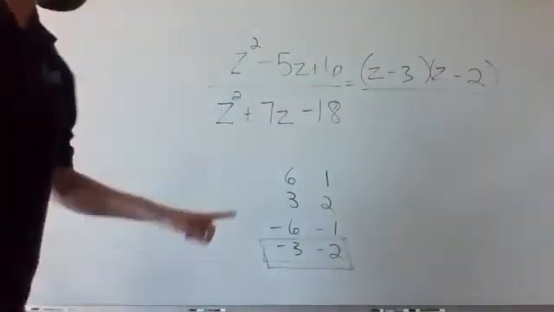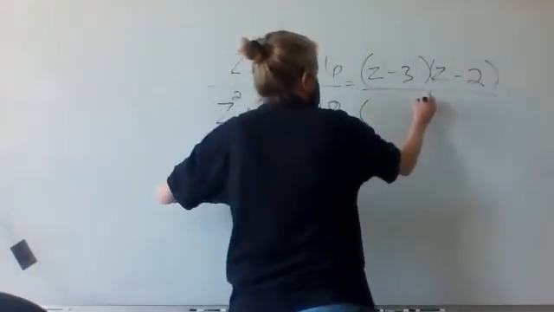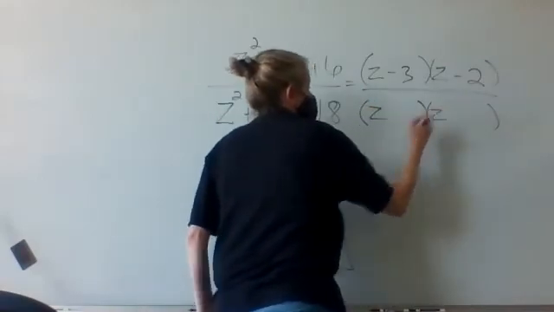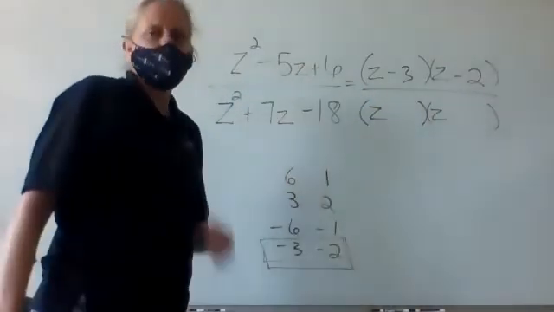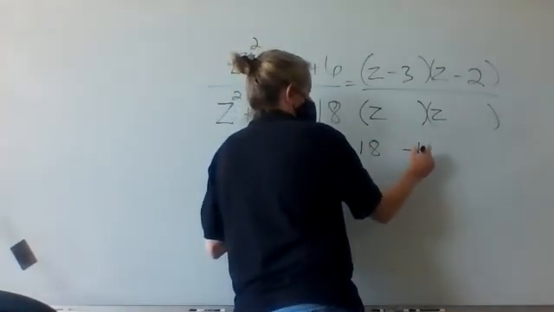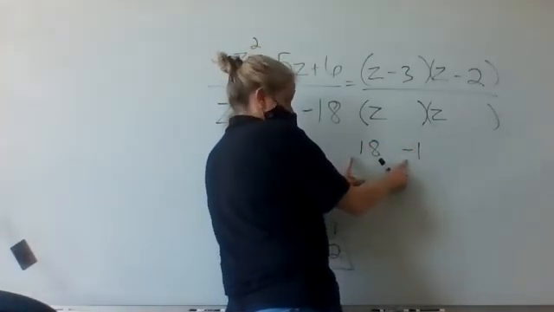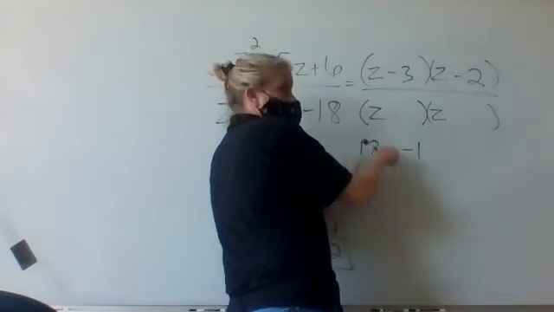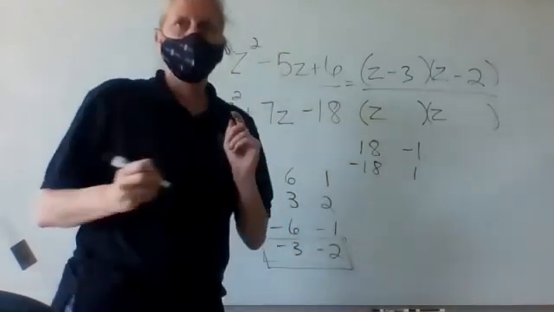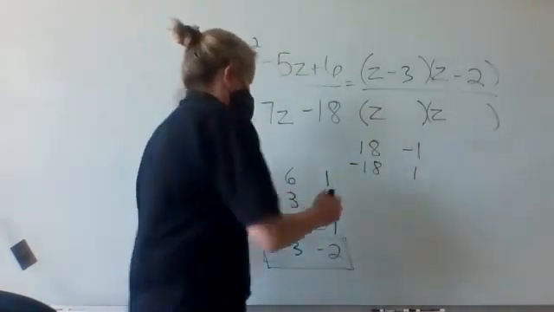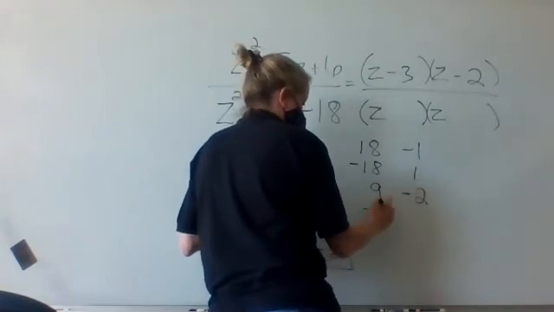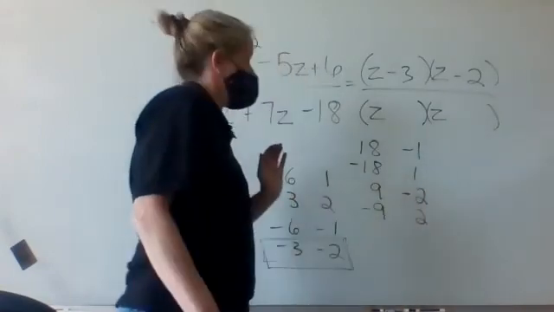The bottom one: z and z again for z squared. For negative 18, 18 and negative 1 will give you negative 18, or flip the signs, negative 18 and positive 1. The other way, 9 and 2: 9 and negative 2, or flip the signs, negative 9, positive 2.